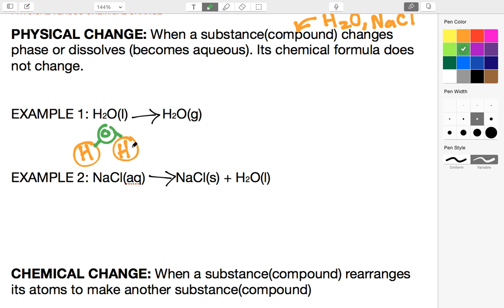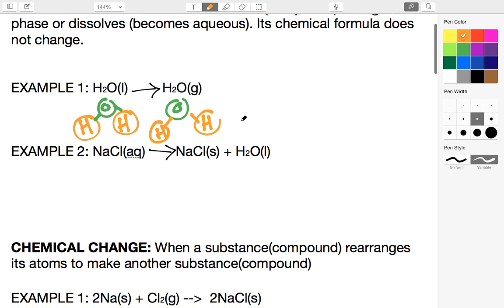That's my H2O, right? If a physical change did occur, I'd still have oxygen with hydrogen. It looks exactly the same at the molecular view, right? Nothing happened. Pretty boring.